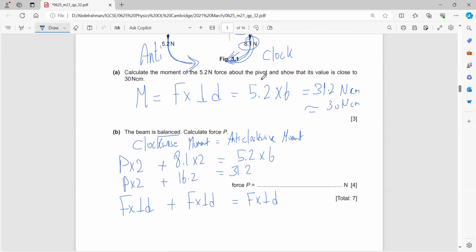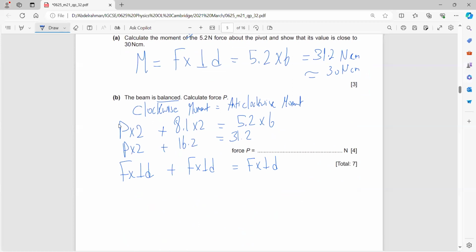Okay. How should I find p? p times 2 is equal to 31.2 minus 16.2, which is 15. Then we divide by 2. When we divide by 2, p would be equal to 7.5.